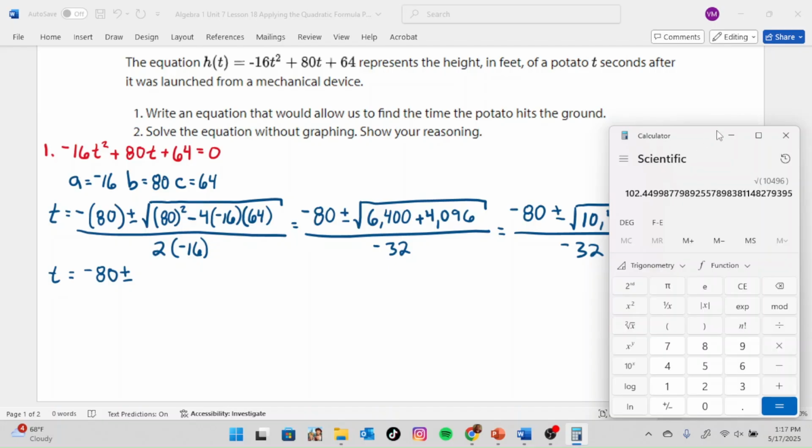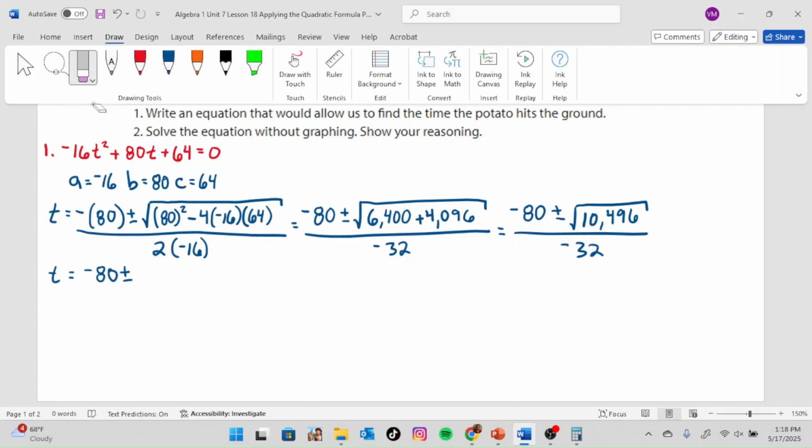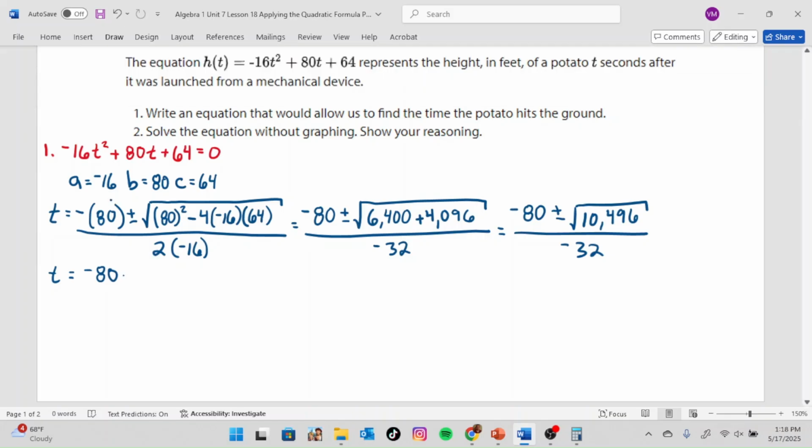So what we're going to do is go ahead and solve this with it written this way. I'm going to say that it's negative 80 plus the square root of 10,496 divided by negative 32, and I'm going to put that in the calculator.